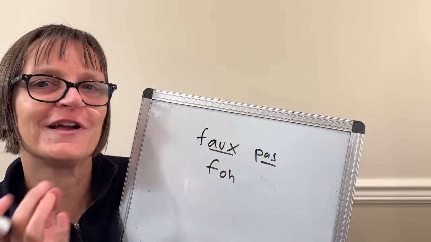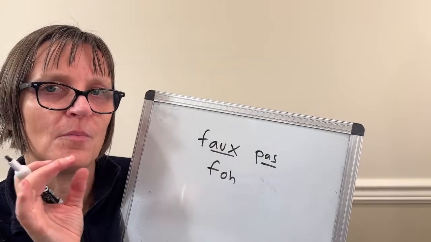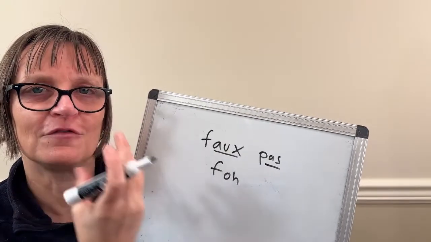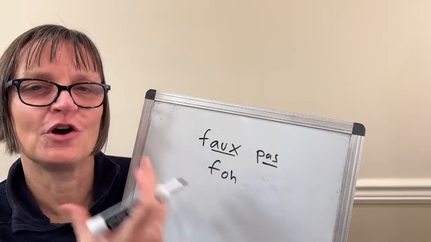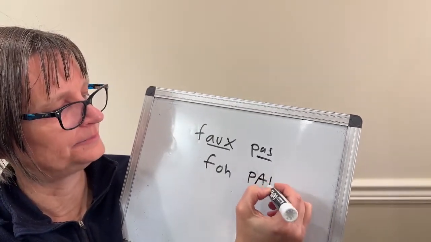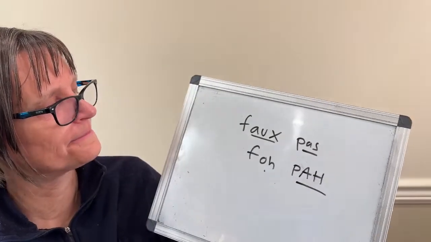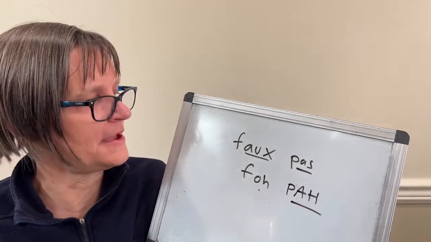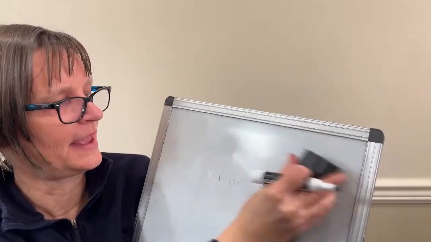In French, it's going to be a shorter O, faux, faux pas. In American English, we kind of glide out and you make a diphthong out of our O, so it's faux. And then pas. Faux pas. So a phrase that originally was French but is also now part of English.